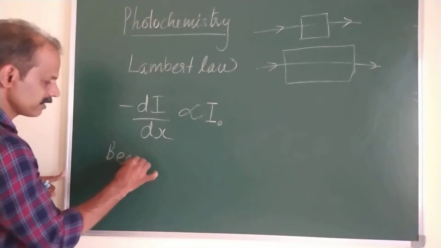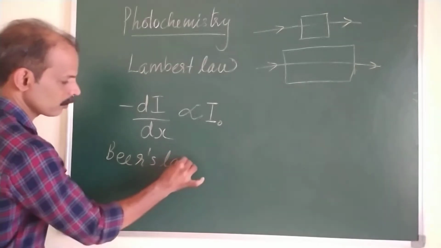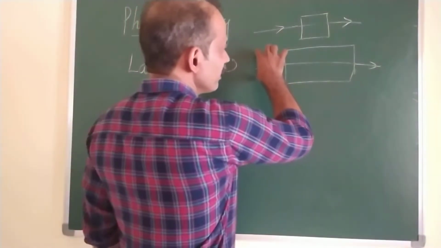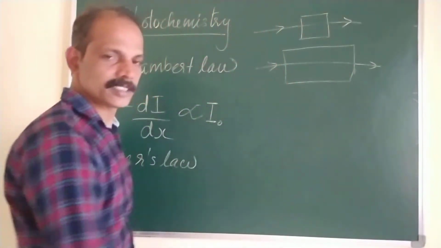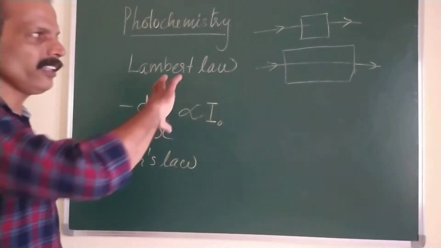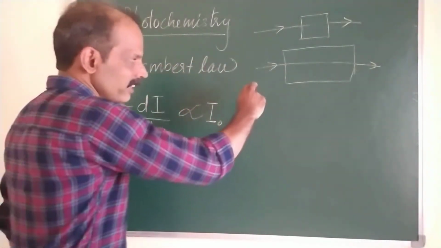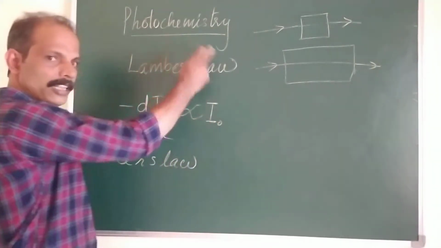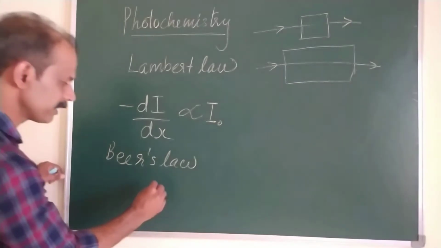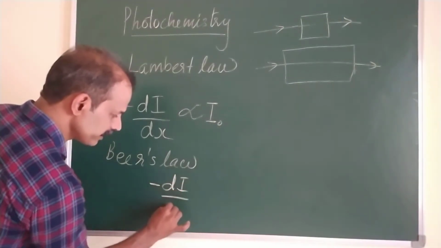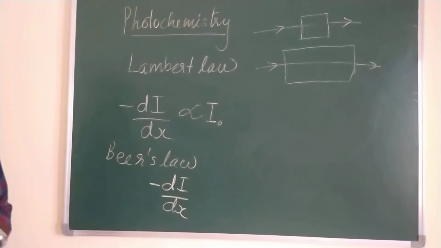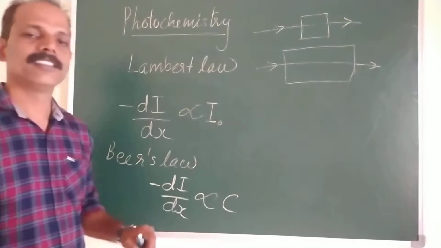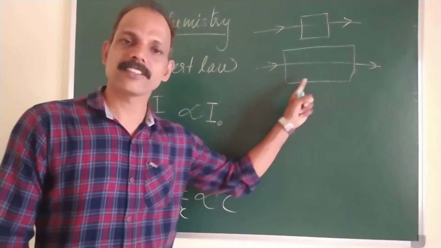And the second law, Beer's law. According to this law, the intensity decreases with thickness, and that decrease is proportional to the intensity of the incident radiation, that is Lambert's law. The same thing, that is the decrease in intensity with thickness, is proportional to the concentration of the solution or the medium.